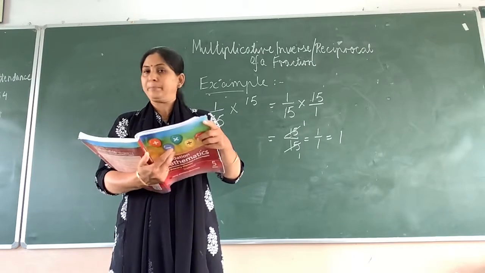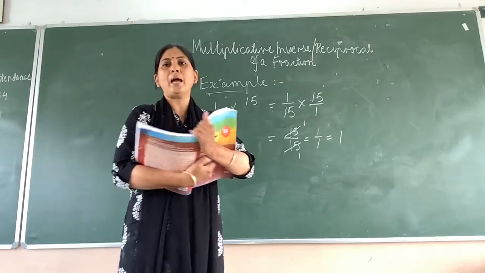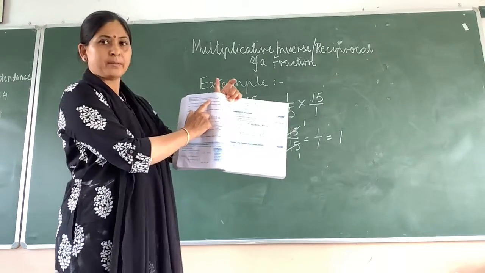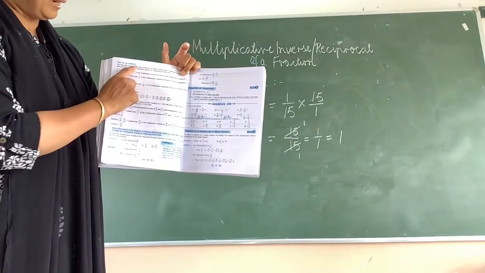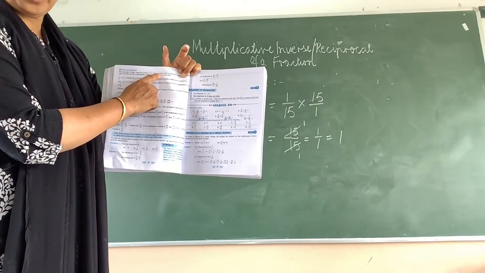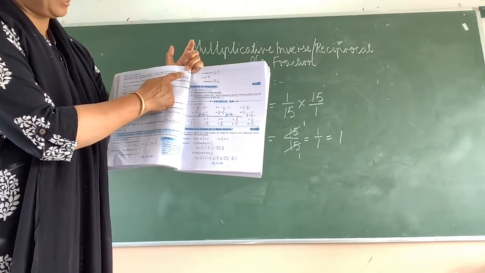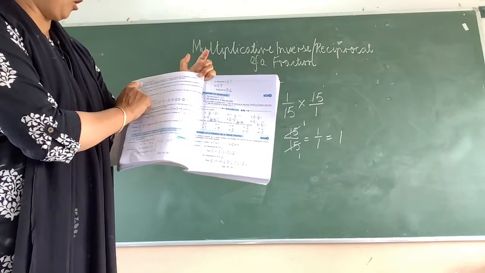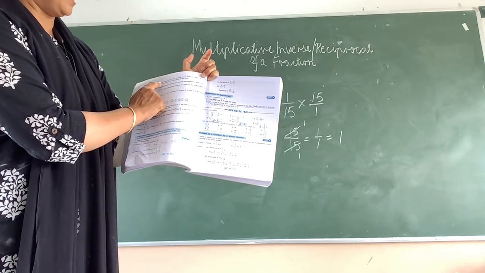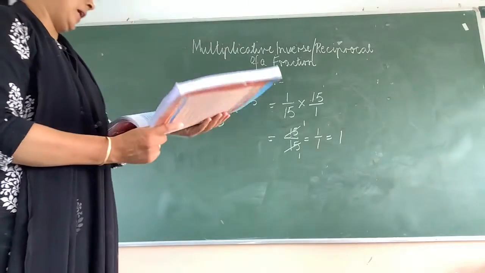Now underline this, children. Underline: the product of a whole number and the fractional number is 1. When it is this, then we call each of them the multiplicative inverse or reciprocal of the other.